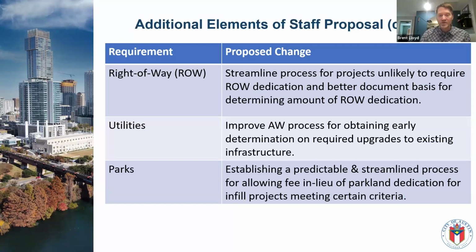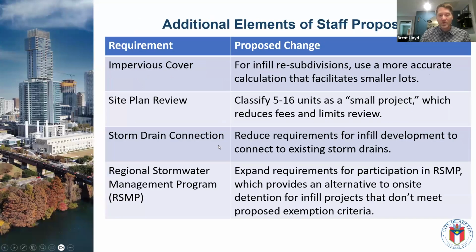And we also think, as Matt mentioned on the prior slide, one of the big items of feedback that we received from stakeholders during our testing session was the storm drain connection requirement, and the proposal that Watershed, to its credit, has proposed for the DCM on that, we think is going to make a real difference.